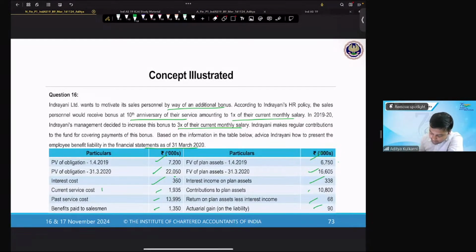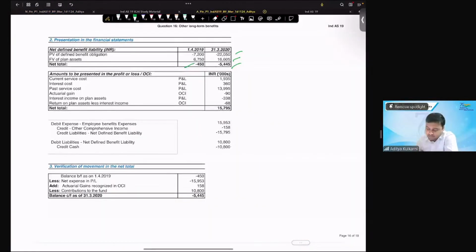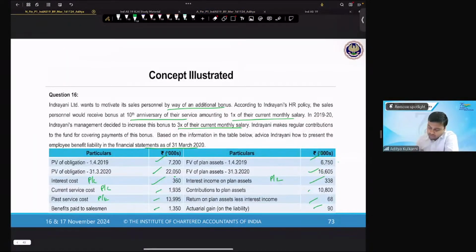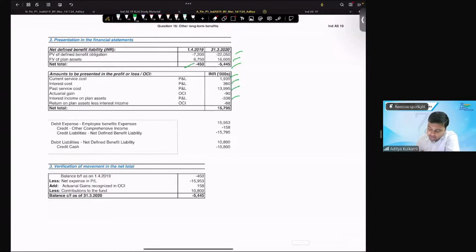What will go in the P&L? Current service cost, past service cost, interest cost, interest income. Yes, current service cost, interest cost, past service cost, interest income on plan assets. And that's about it. Then these two items, actuarial gain will go to OCI and return on plan assets less interest income will go to OCI. So that's about it.